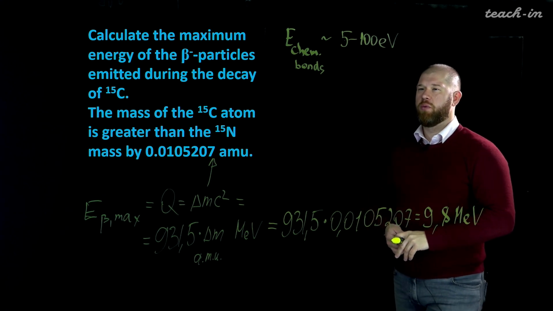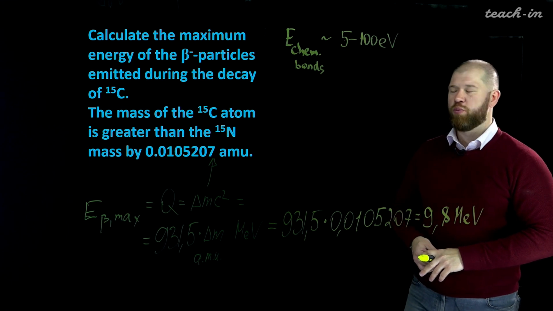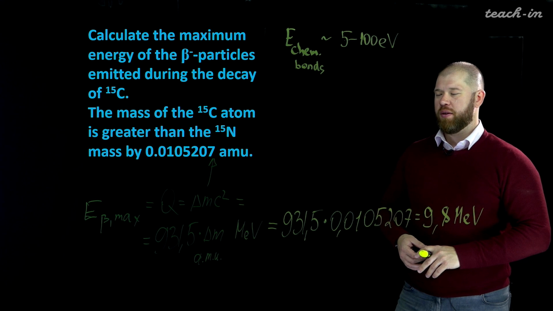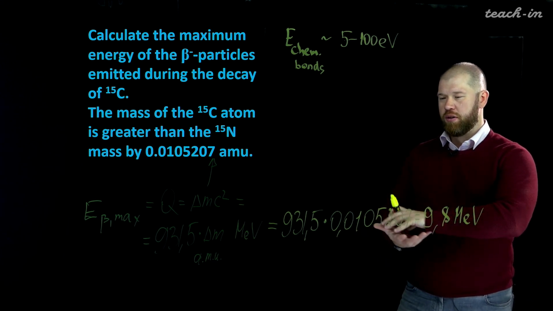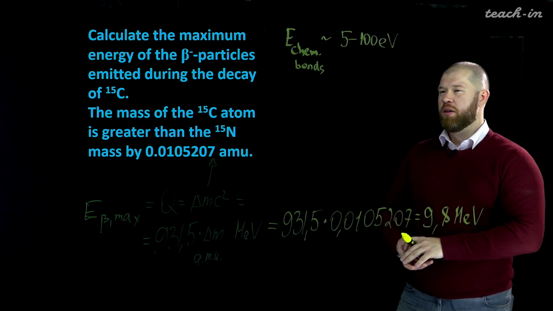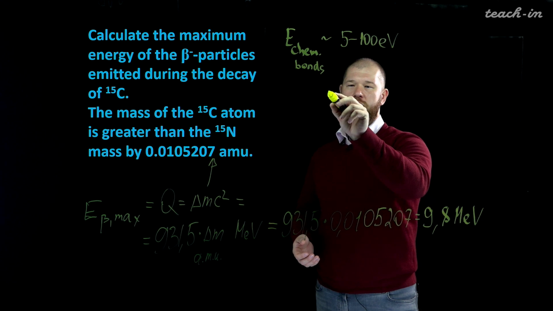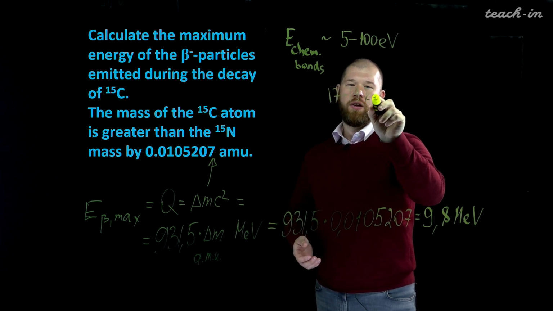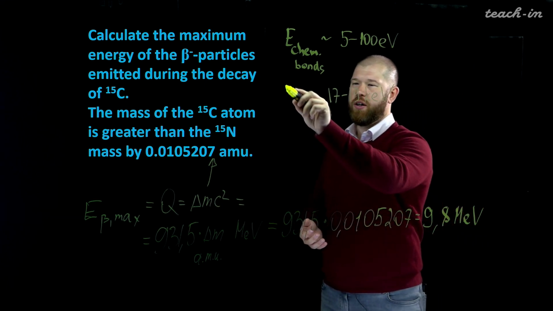For very heavy elements like uranium, thorium, and others, the energy of electron bonding in an atom can be very high, going to a few kilo electron volts, like 17 to 19 kilo electron volts. It's a very high energy of an electron.